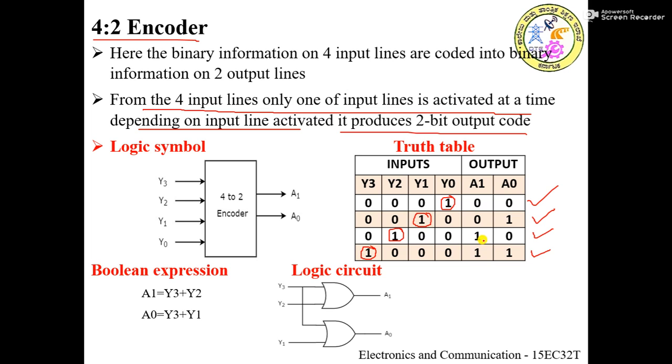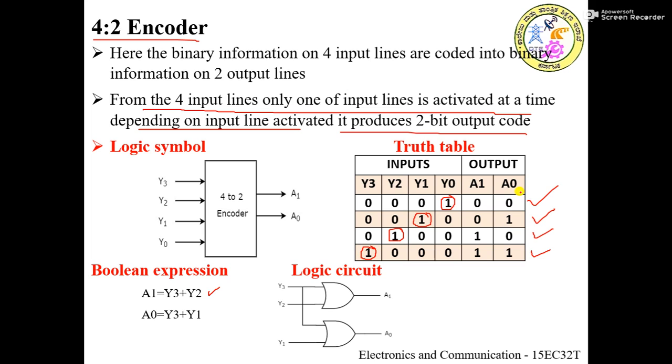You have to see where A1 is 1, which combinations have 1: when Y2 is 1 and when Y3 is 1. Simply you have to OR it. Let me say the English statement once more: A1 is 1 whenever Y2 is 1 or Y3 is 1. OR means plus. That is Y2 plus Y3.